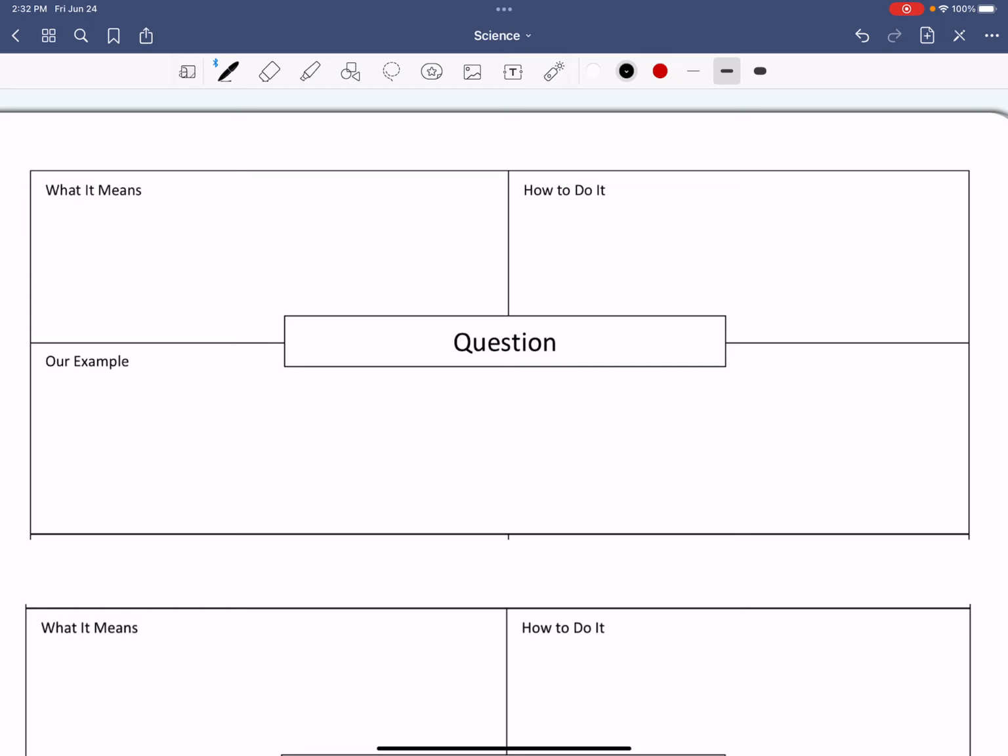When you are a scientist and you question something, you write that up as a research question. So it means to write a research question that you want to answer.